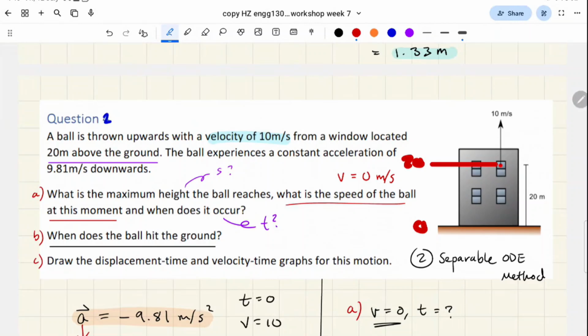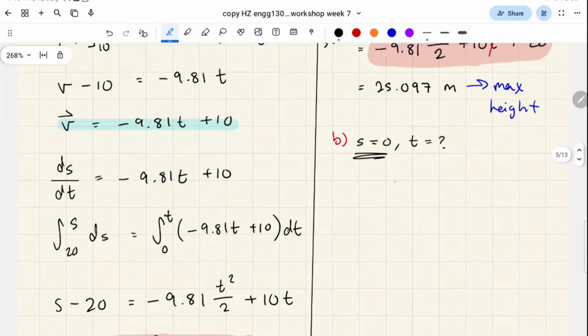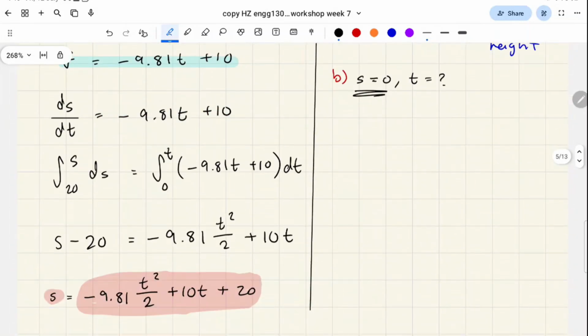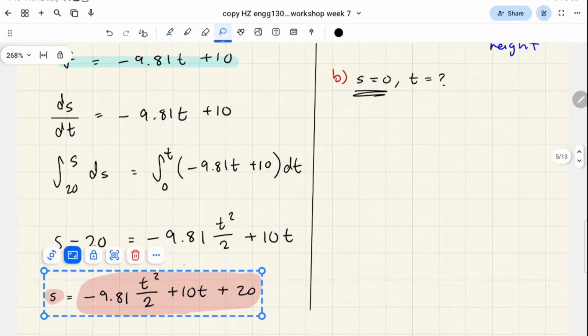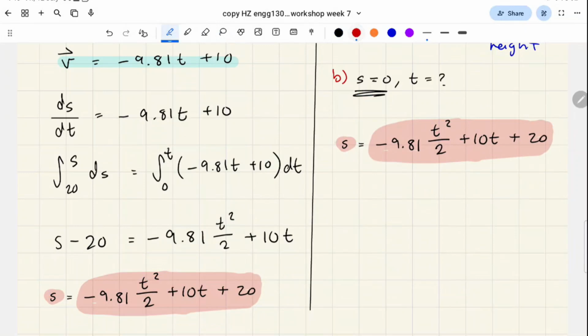So 0 is when we touch the ground, right? And we're going to replace this left-hand side by 0. And yeah, you can see that this is a parabola, right? So you can solve this using the quadratic equation. Yeah, it gives you this essentially, right?